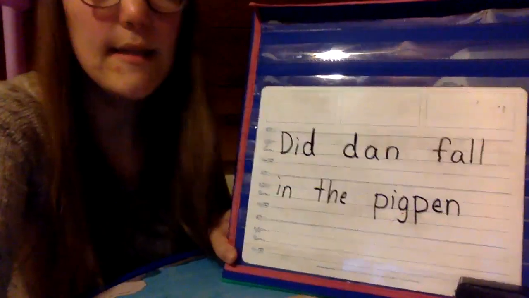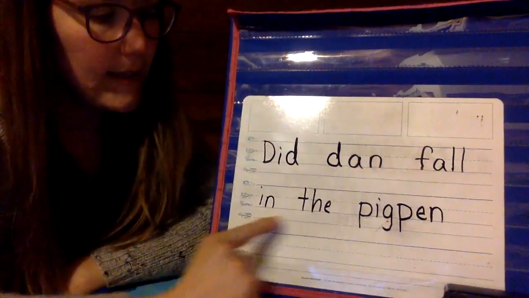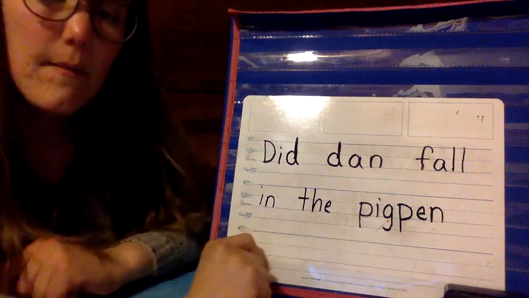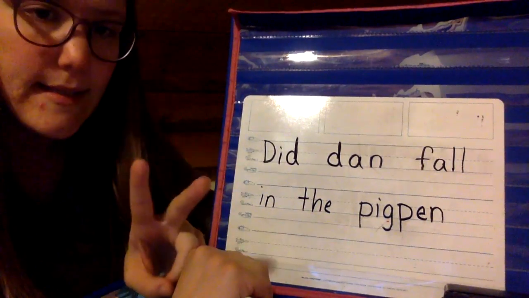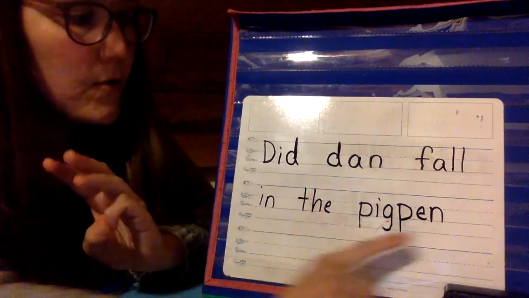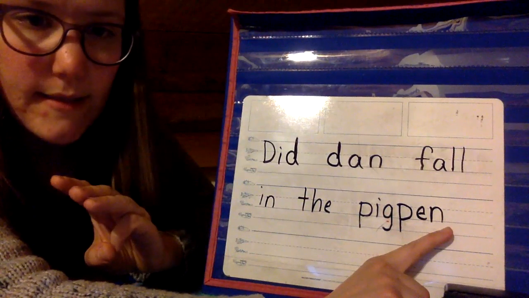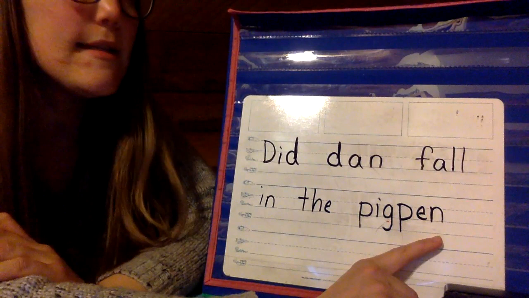Going back to our sentence, let's read it. Did Dan fall in the pig pen? Now, I have all the words. I have spaces. I have what goes at the beginning of my sentence. Do I have what goes at the ending of my sentence? I don't have anything there, so I need to put something there. I'm going to look at this sentence.